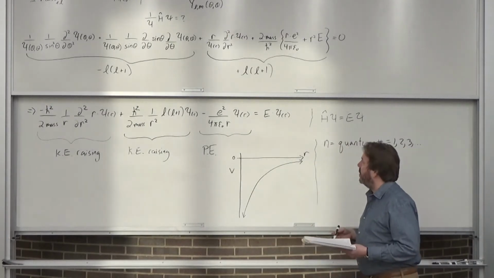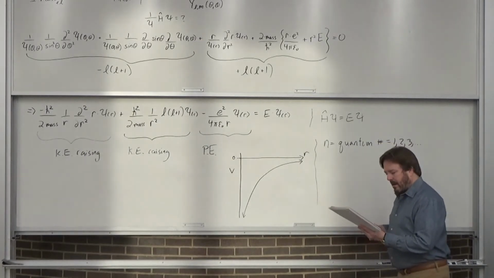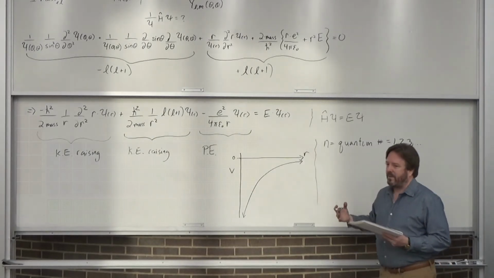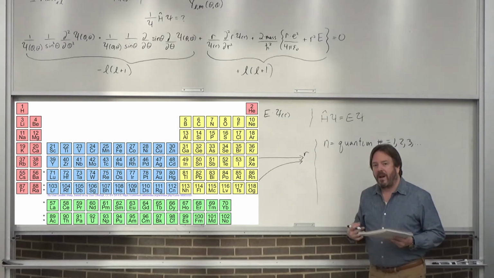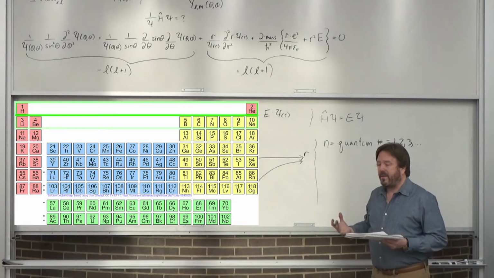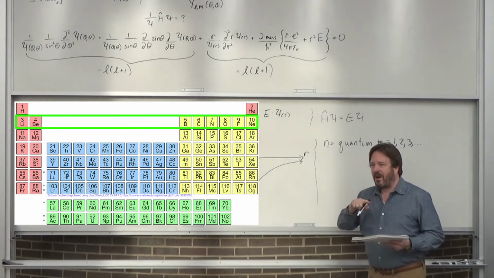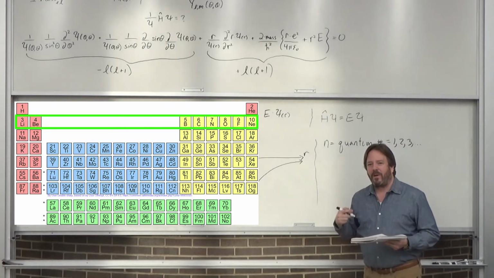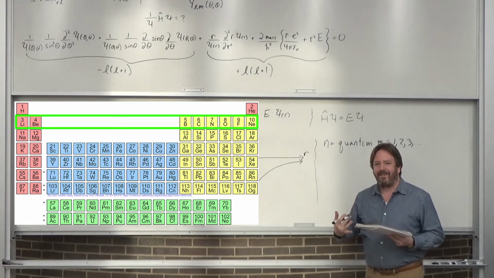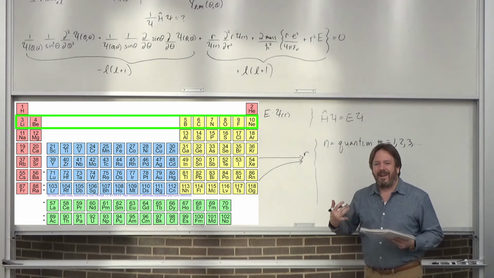Now we also know that this is going to dictate the energy. And it is also related to the periodic table. n of 1 is the first row, n of 2 is where the electronic structure of the second row is important, and on and on.